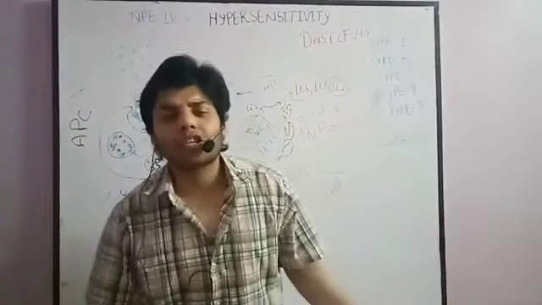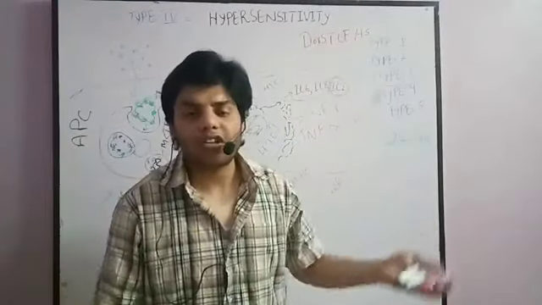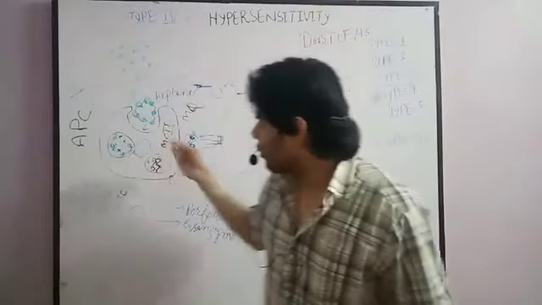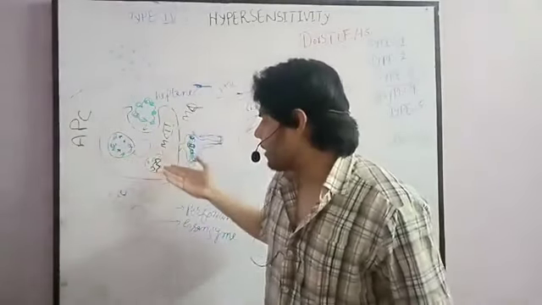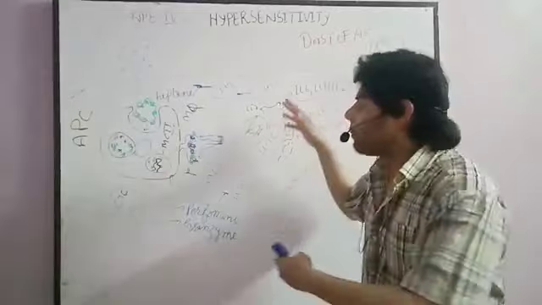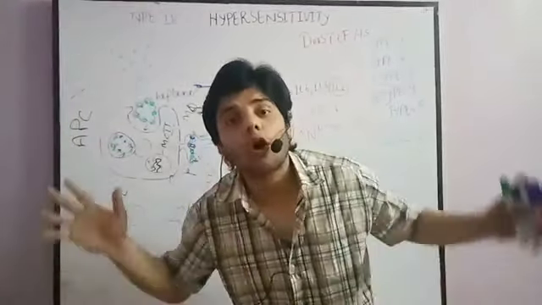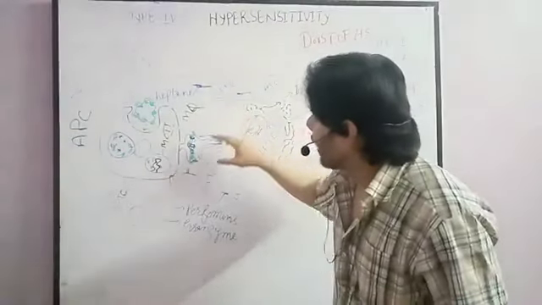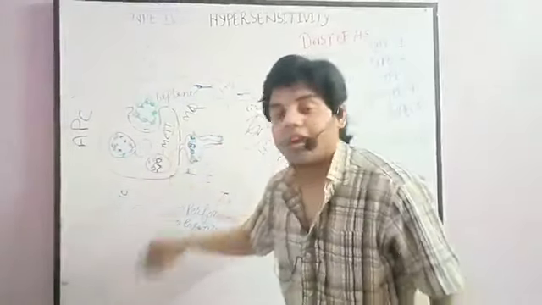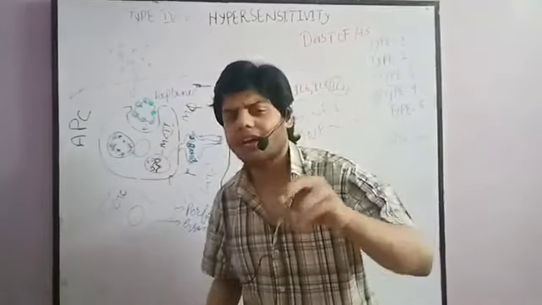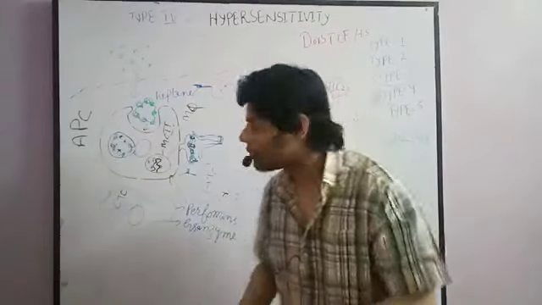So we have a lot of antigen presenting cells that can perform the same function as I explained, and a lot of helper T cells are activated. Because it is hypersensitive, a lot of cells are activated, and a lot of helper T cells will recognize each of the antigenic peptides.